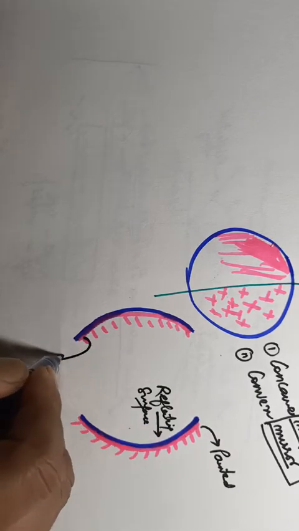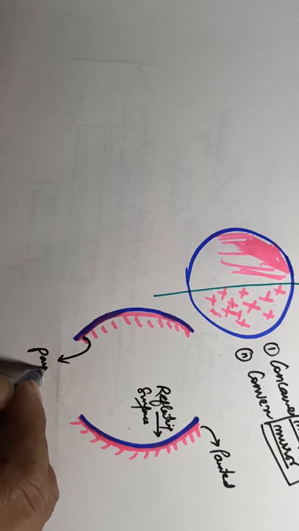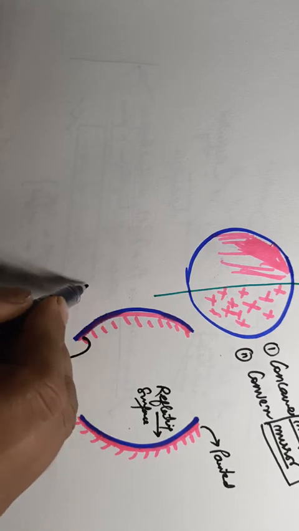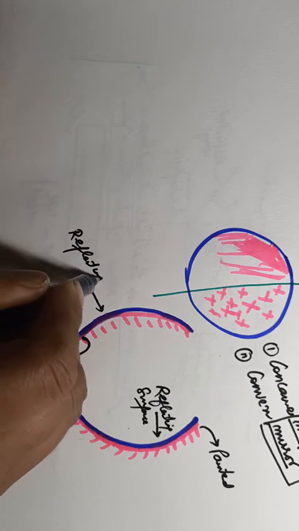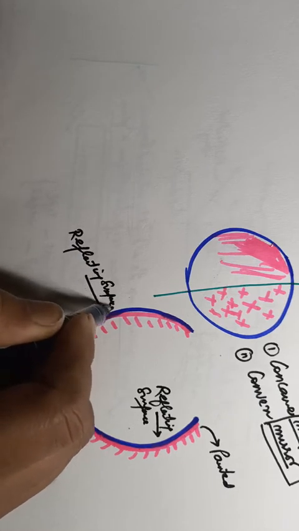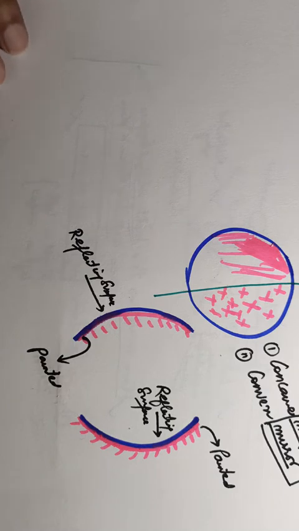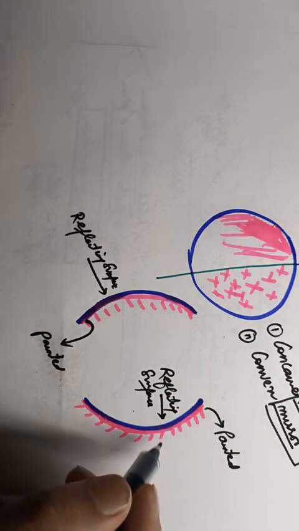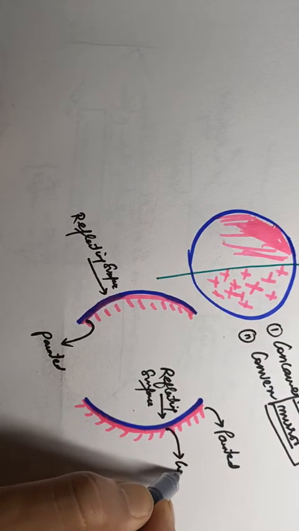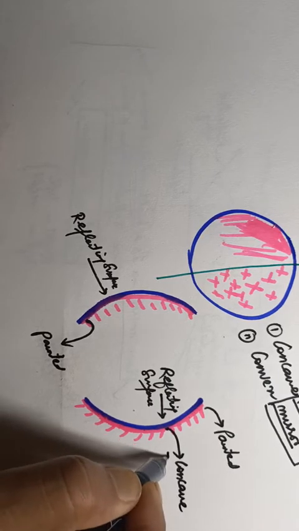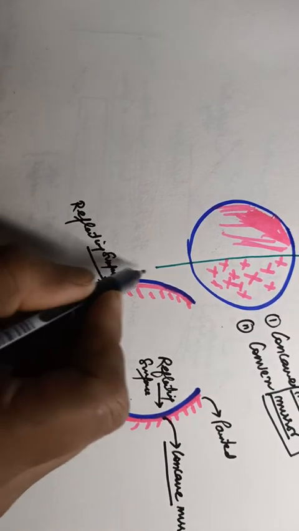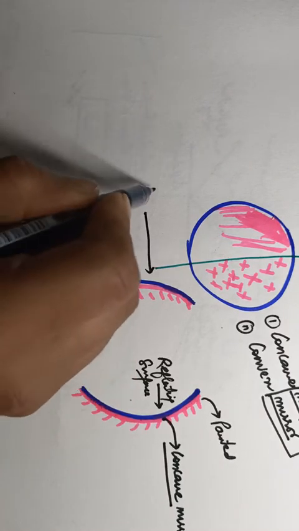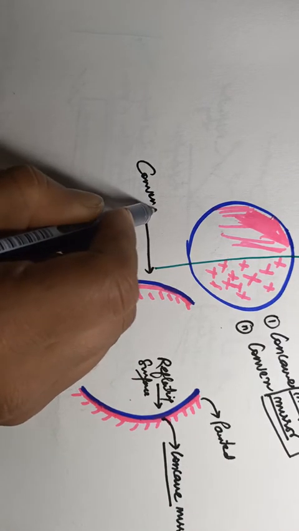In this case, this portion is painted, and this is the reflecting surface. So now, this is a concave mirror. Okay, why it's a concave mirror, I'll tell you. And this is a convex mirror.